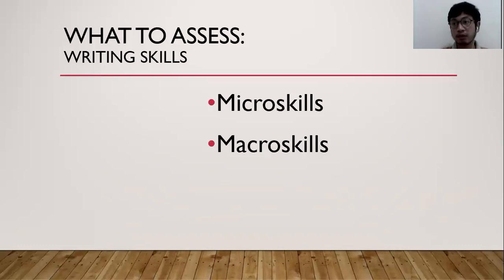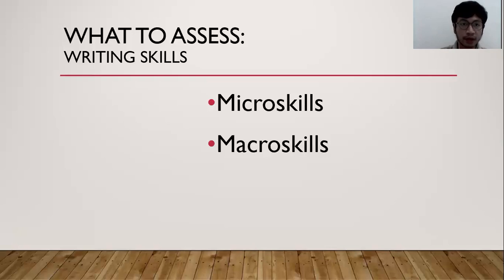Let's say we want to assess their paraphrasing skill or their summarizing skill, perhaps, or even their ability to write paragraphs or text by organizing it in terms of the main idea and supporting details, things like that. So those are macro skills.